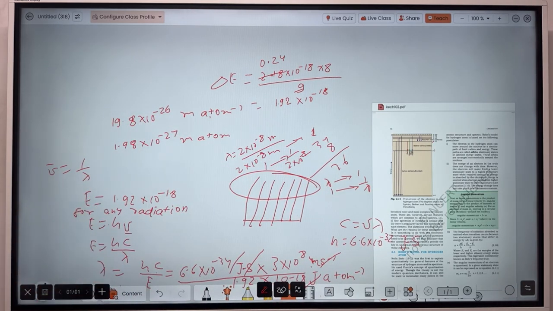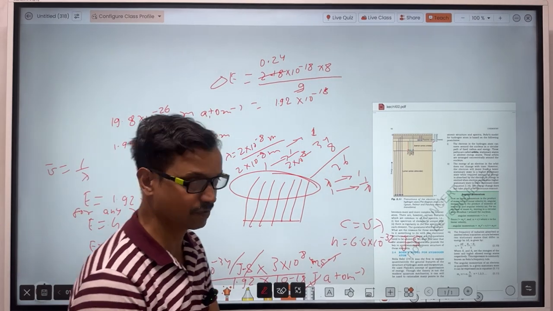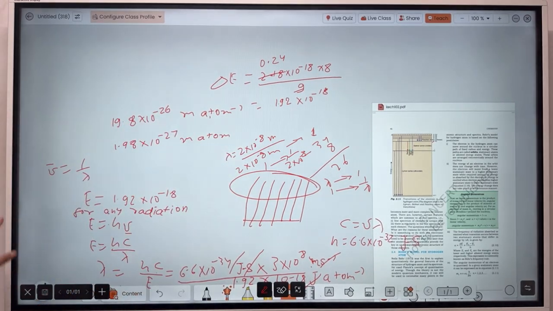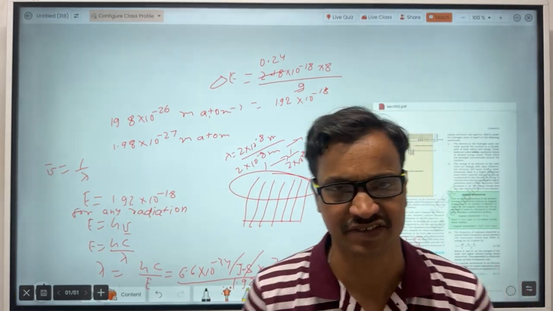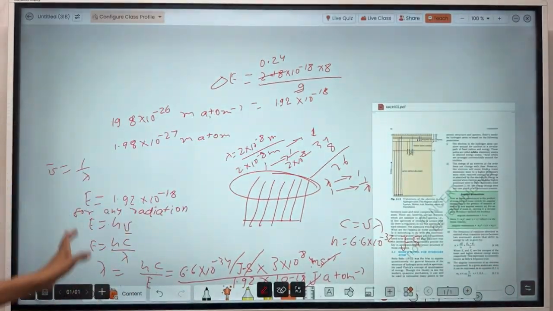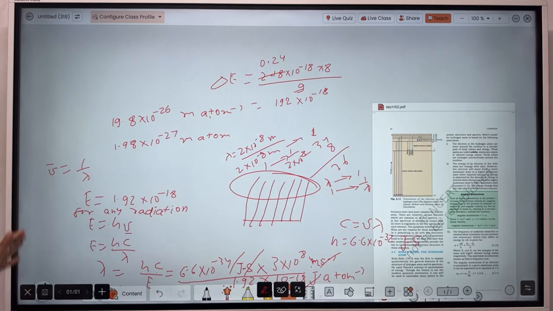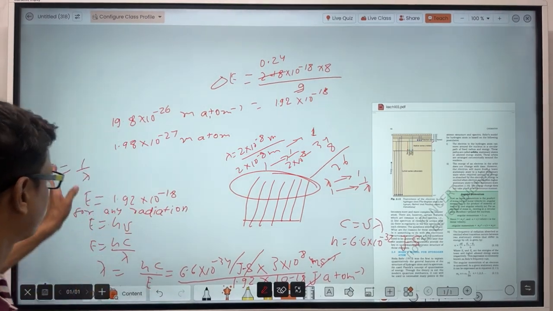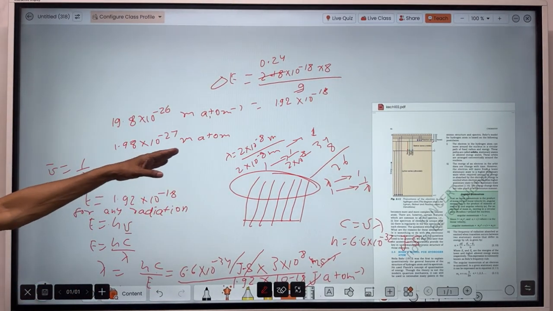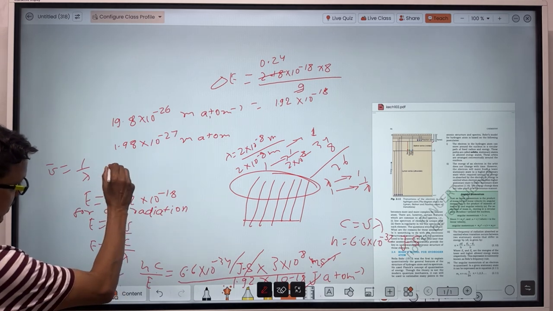So another type of question asked is calculate. Questions asked from this topic are about the energy, wavelength, frequency and wave number. And more frequently asked questions are about wave number and the energy. Even though about the lambda and frequency, that's not frequently asked, but about the wave number, that's frequently asked. So you should know that wave number, that is nu bar, equal to 1 by lambda. So here lambda you have calculated.